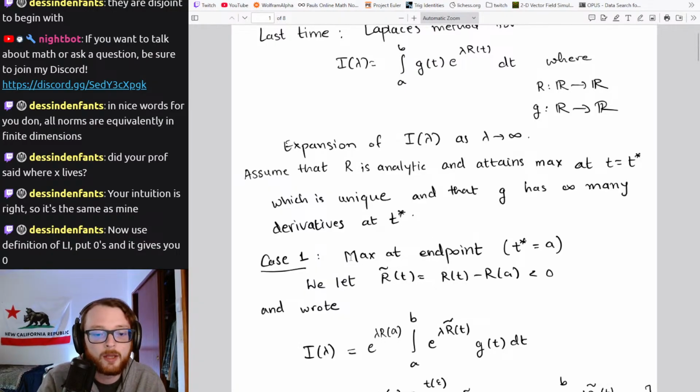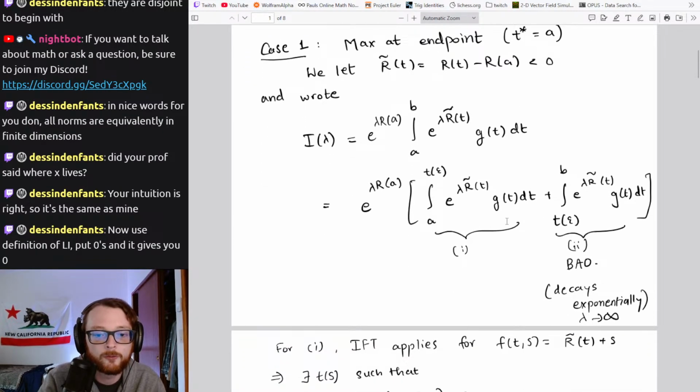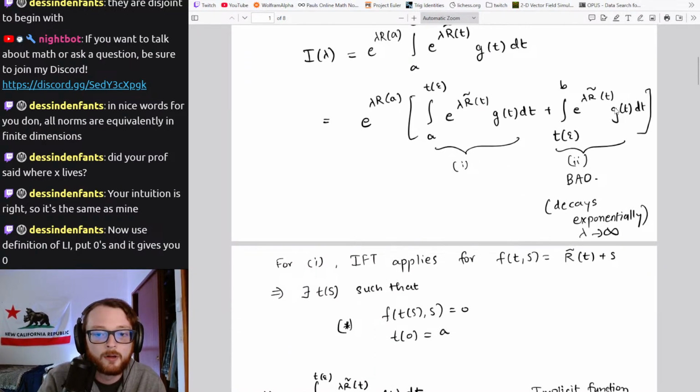So we have exactly this case one where the maximum happens at the first endpoint. And lucky us, our maximum is already 0, so we don't have to do that first step. This step I already did. This step is what I was trying to figure out what to do.